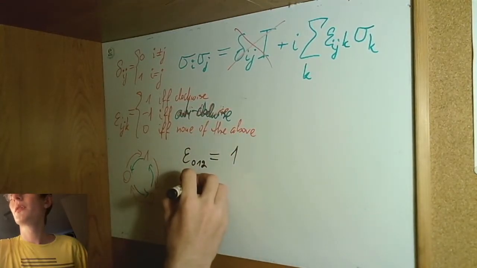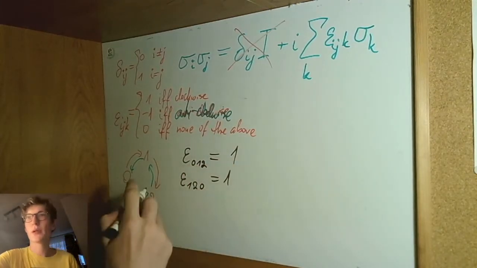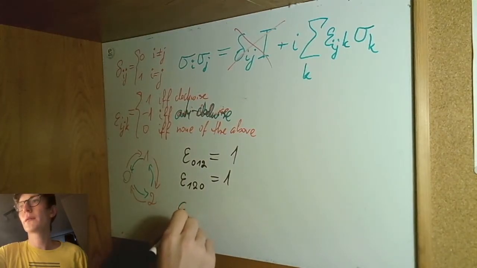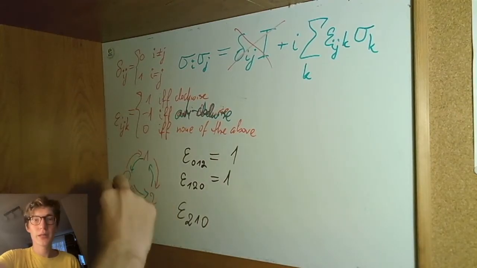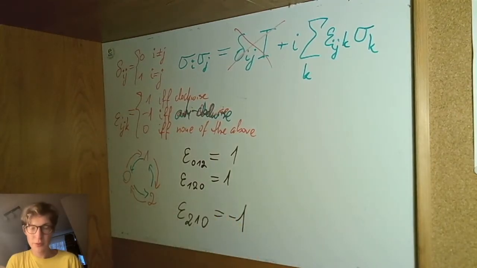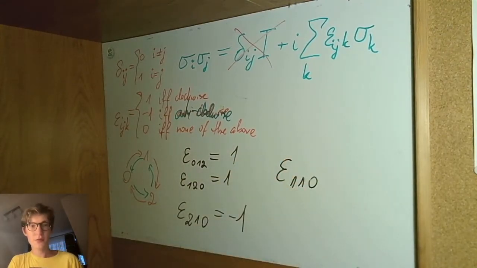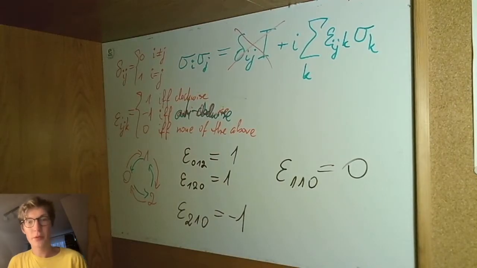If we have, I don't know, 1, 2, 0, it's also 1, because 1, 2, 0 is clockwise. But if we have 2, 1, 0, we go anti-clockwise, so it's -1, right? If we have 1, 1, 0, it's none of these, because one of the symbols repeats, so it's 0. And that's all. That's how it works.